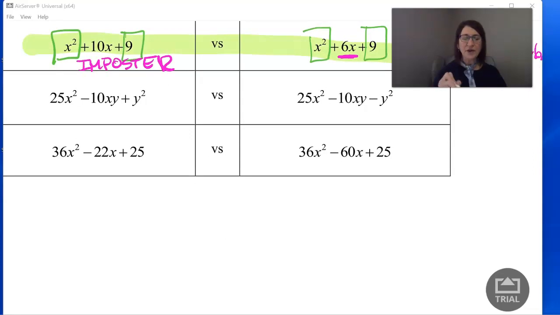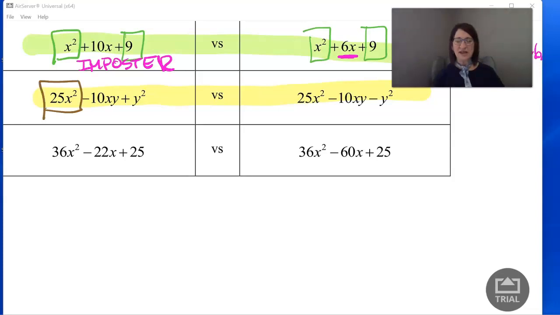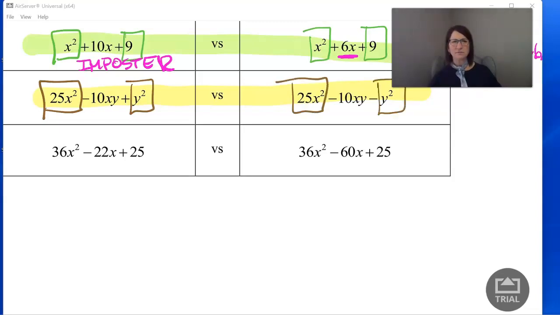All right, so for this next one, when we look across, I'm a little bit confused. My first term is the same. Then I've got a y squared. I've got a 25x squared. I've got a y squared.